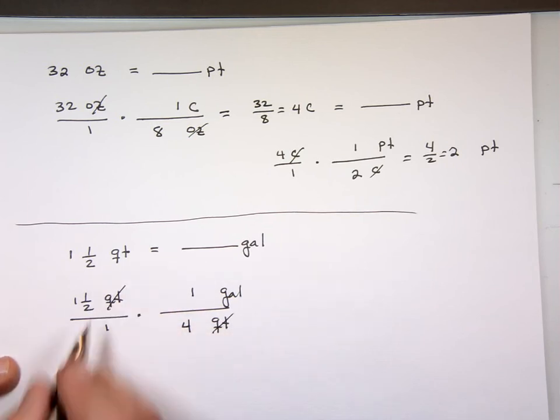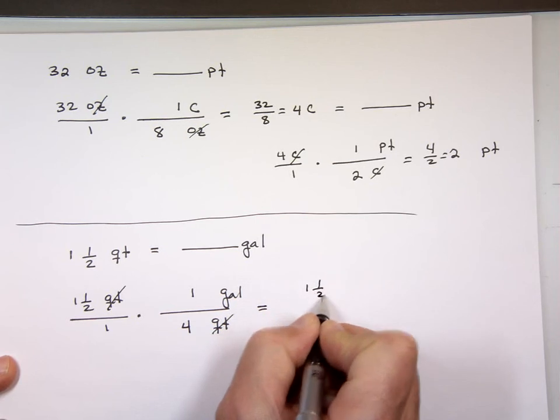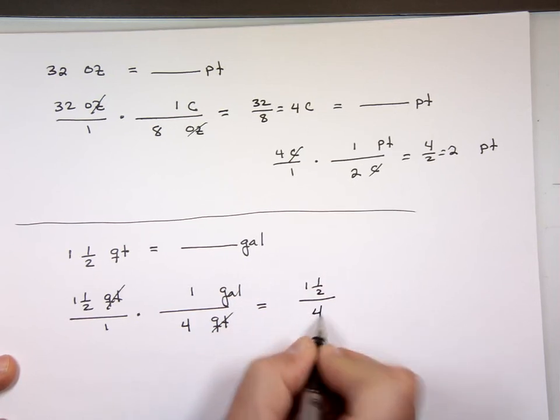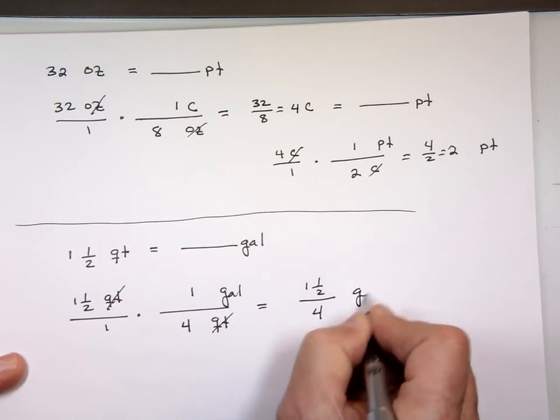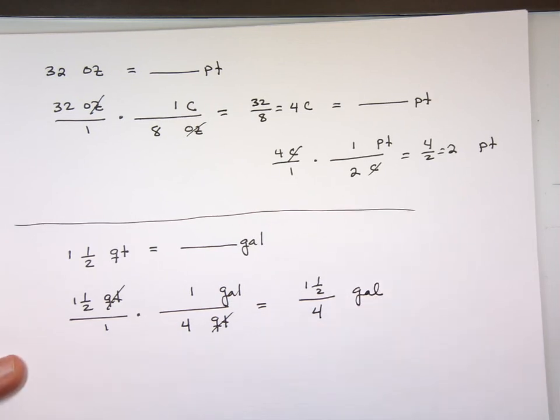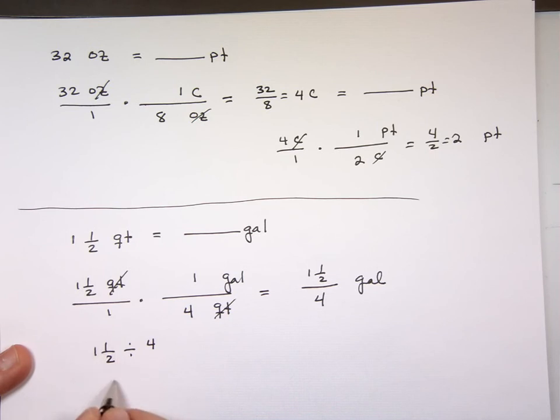One and a half times 1, it's 1 1/2 divided by 4. Now let's have fun with the math. What does that mean? It means 1 1/2 divided by 4. So change them to improper fractions. 2 times 1 is 2 and 1 is 3. That's 3 over 2 divided by 4 over 1.